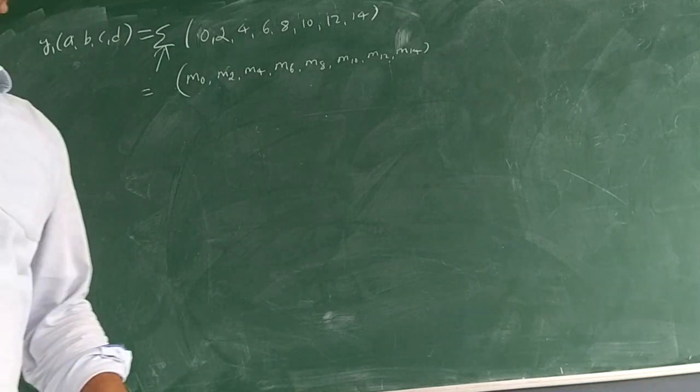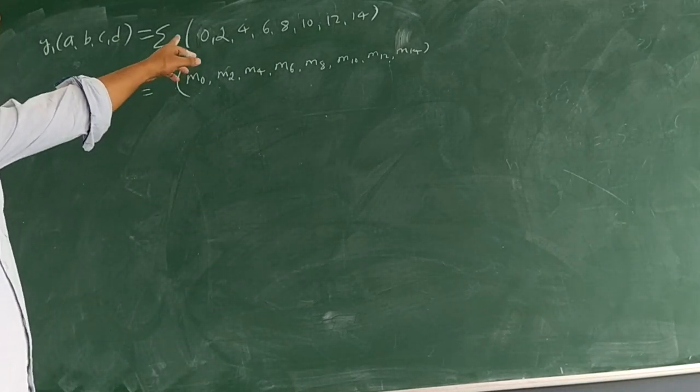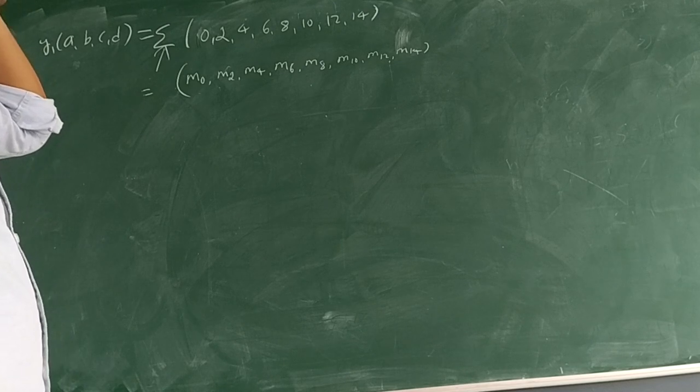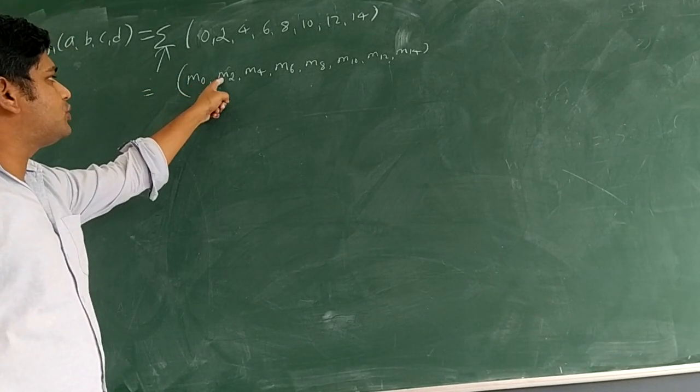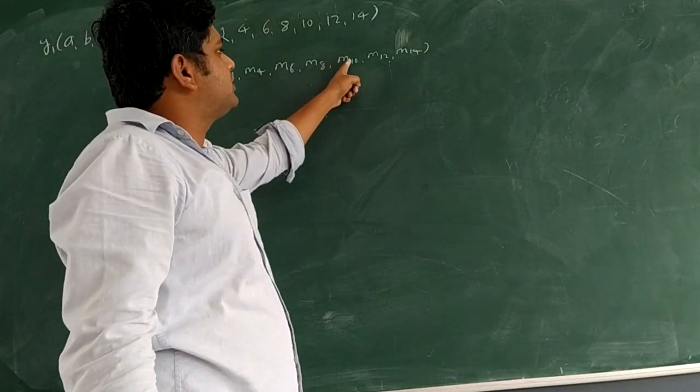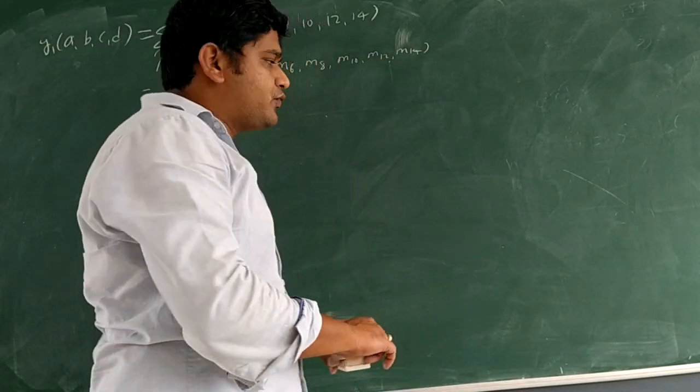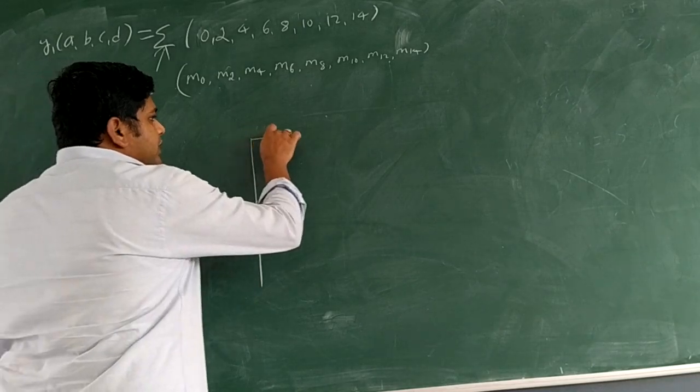So this is one more notation. 0, 2, 4, 6, 8, 10, 12, 14, or small letter m0, m2, m4, m6, m8, m10, m12 and m14. So now prepare it together.